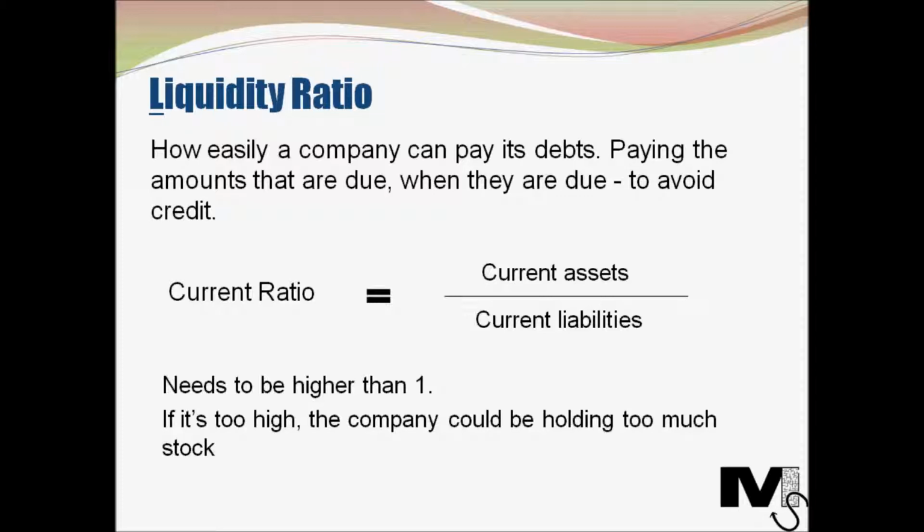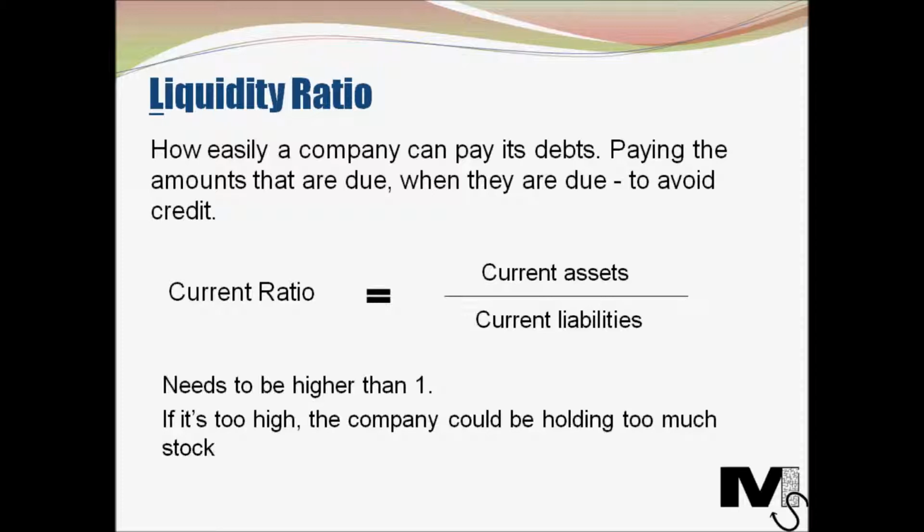So current assets can be commodities like the amount of cash available in the business, or the amount of stock held by the business. Current liabilities could be the amount of money that you owe to your suppliers, the debts that you have with your suppliers.